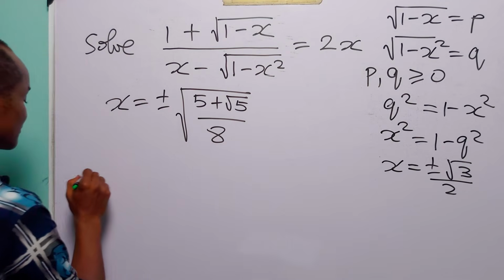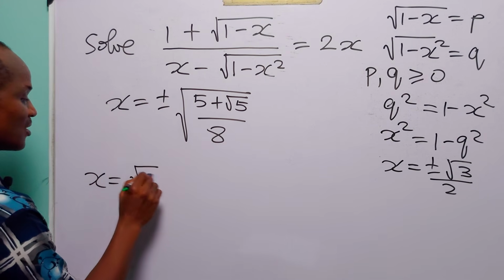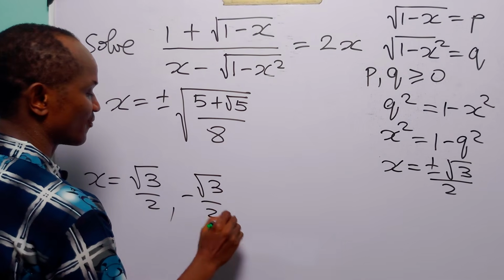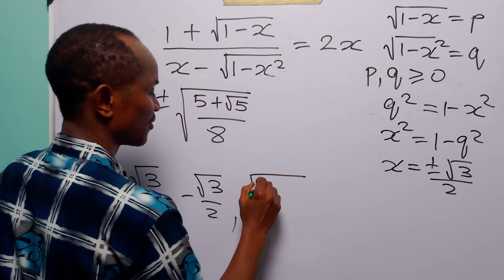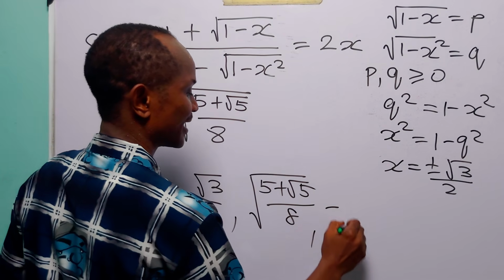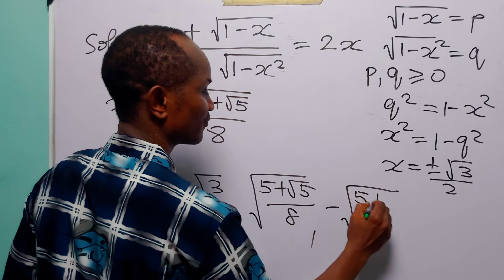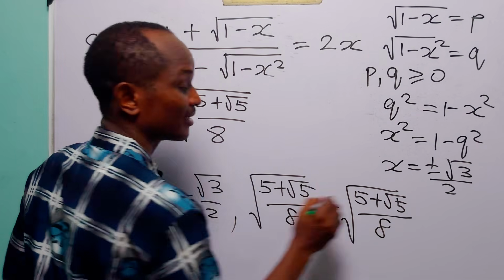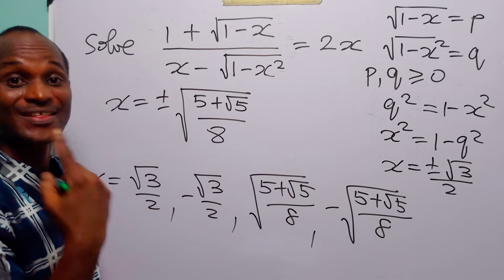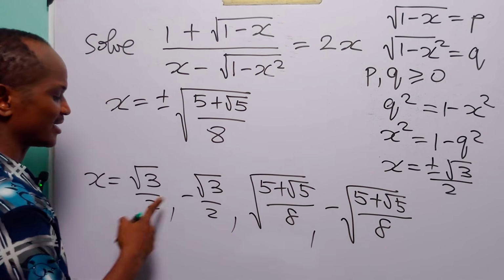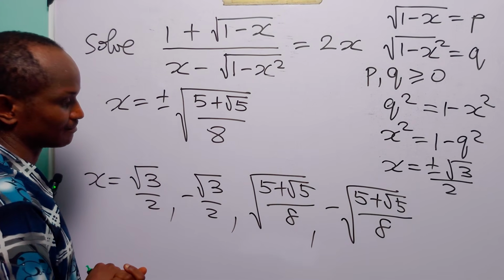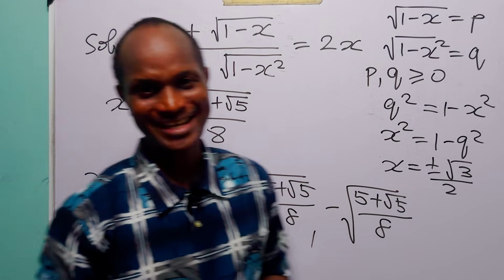We have that x is equal to root 3 over 2, minus root 3 over 2, square root of 5 plus root 5 over 8, and minus square root of 5 plus root 5 over 8. Now, I'd like you to tell me in the comment section which 3 out of these 4 values of x satisfy the original equation. And with that, we come to the end of this tutorial.